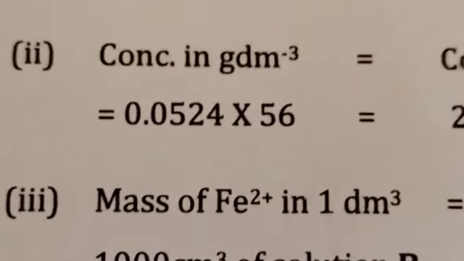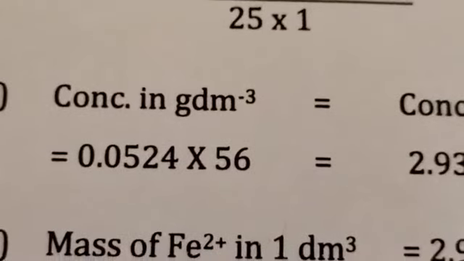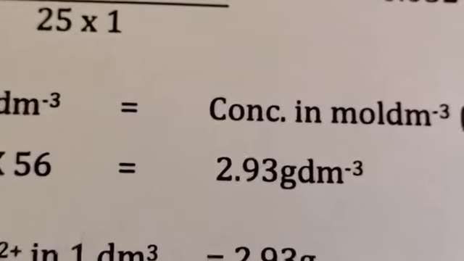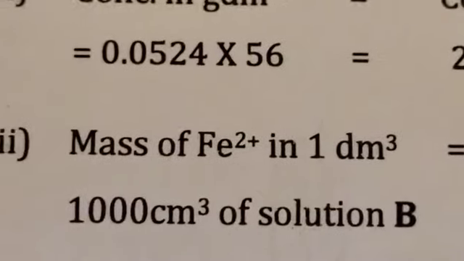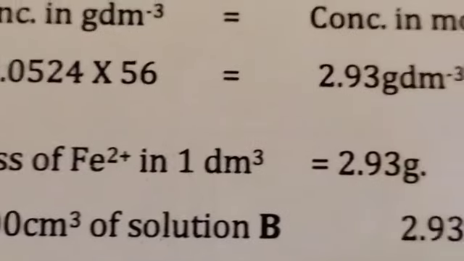For our question 2, the concentration of iron 2 in solution B, you should know that in gram per dm cube is 2.93 gram per dm cube. And then going to question 3, mass of iron 2 in 1 dm cube is 2.93 gram.